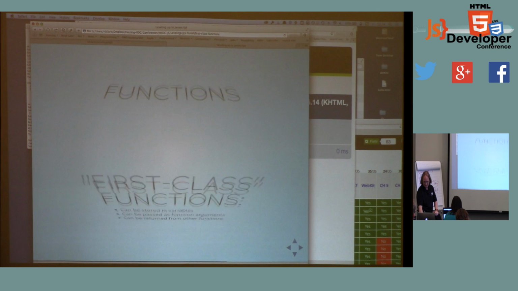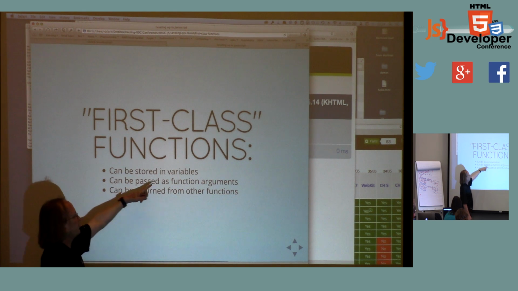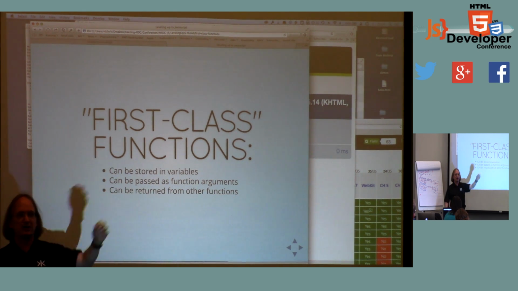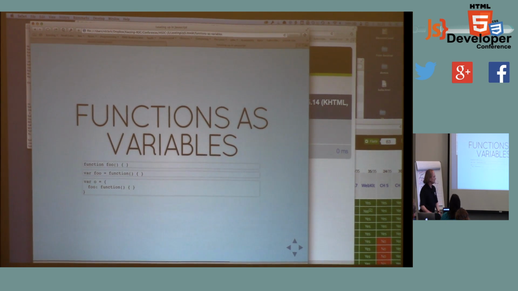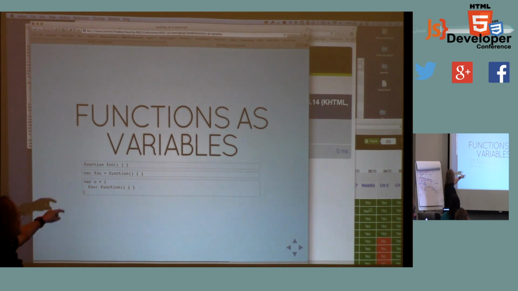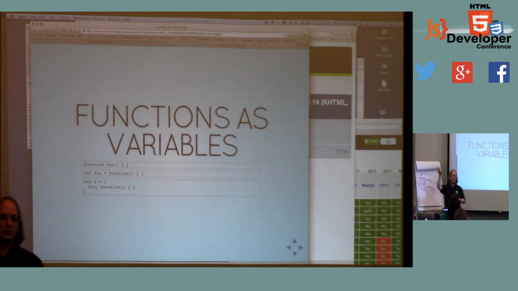So functions. A first class function means that you can store it in a variable, you can pass it as a function argument, you can return it as a value from other functions. It's just another value. So if I say function foo, that's the same as saying var foo equals function.